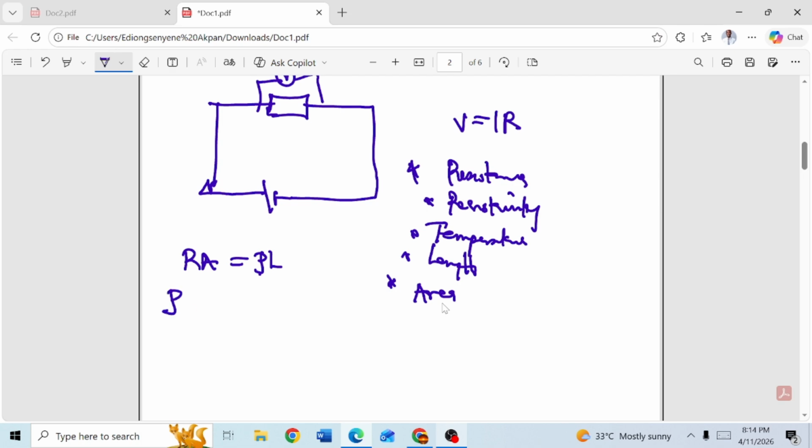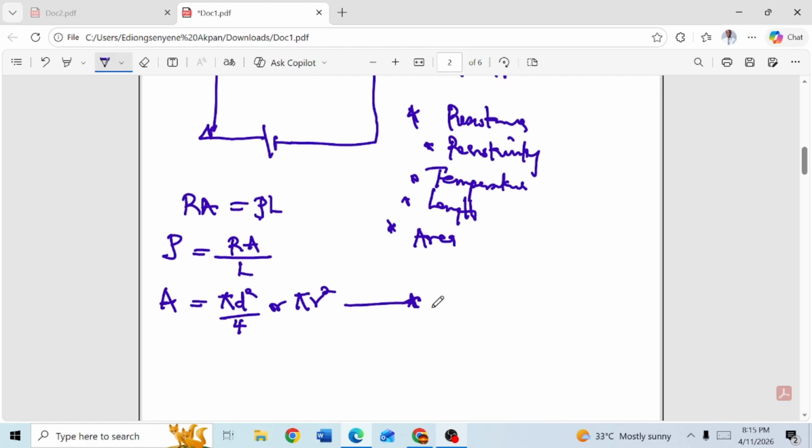If we are asked to find resistivity, we say resistance times area divided by L. And I want to draw your attention to this. The area of a wire is taken as pi diameter squared over 4, or pi radius squared. This part students also miss.